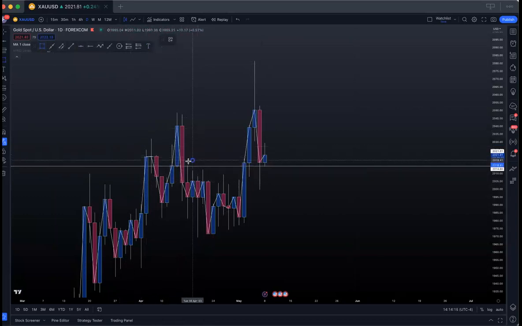You see that we have this rejection here. Many people were trying to take sales from here. But what happened was price broke out from here, tested it again. The third test, people are finding that it's not valid anymore, or it's run its course, and now we want to find another fresh support.